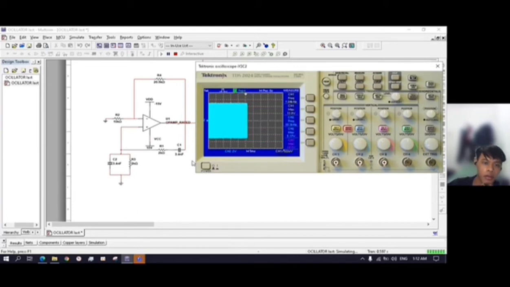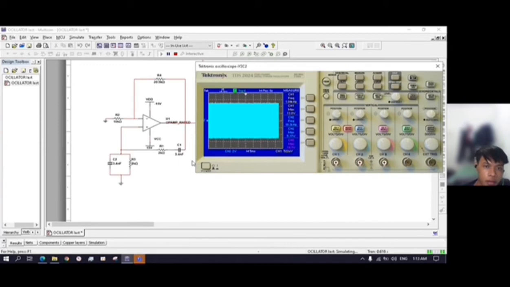Same as oscillator 1, we put positive 15 and negative 15 for the DC input of the op-amp, and then we key in the values of the resistors: R1 and R3 are 2 kilo ohm, and capacitors C1 and C2 are 3.4 nanofarad.